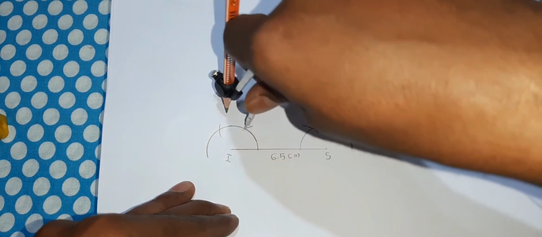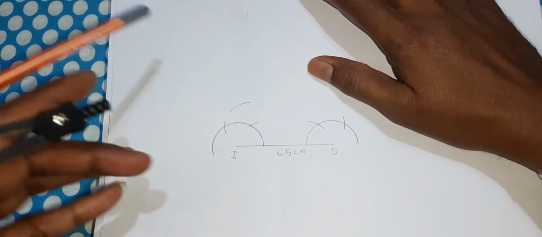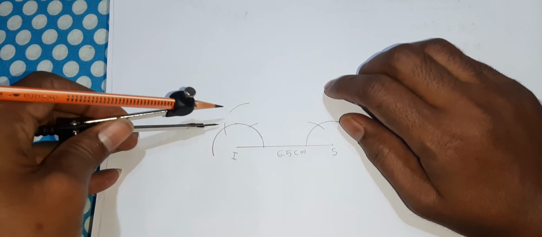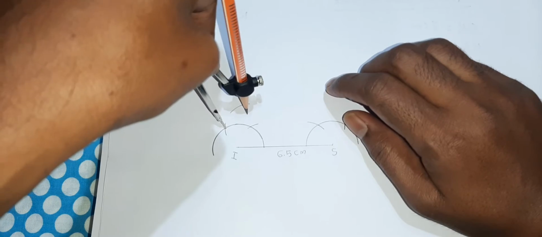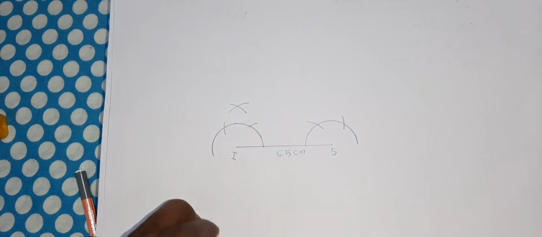From 60 draw one arc above this arc, and next from 120 just cut that arc. Means construct the 90 degrees first of all. Right? Just extend that line with the dotted line.